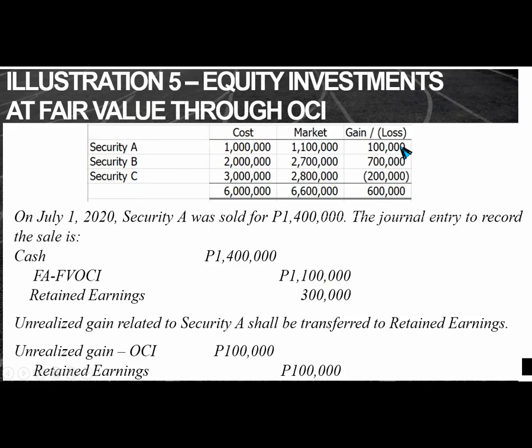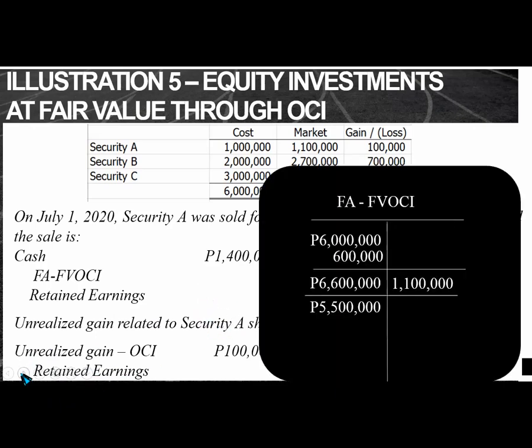We remove it from our records because you already sold it, so the amount related to security A is zero. Since it is an unrealized gain, we just debit our unrealized gain OCI by 100,000, then credit retained earnings at 100,000. So again, with fair value through OCI, when the security or asset is sold, we should also remove the unrealized gain or loss from our records.